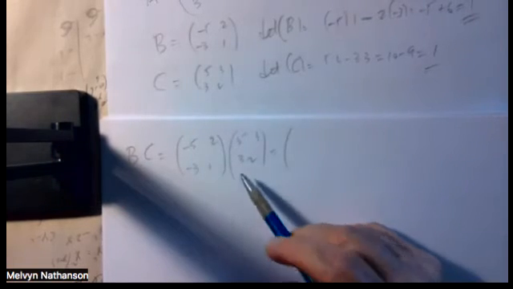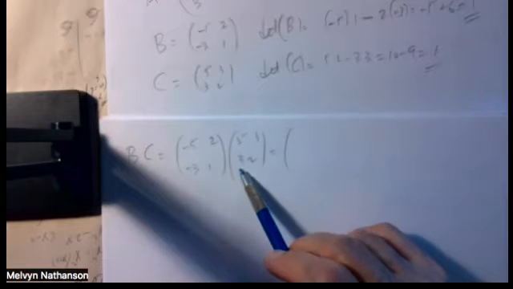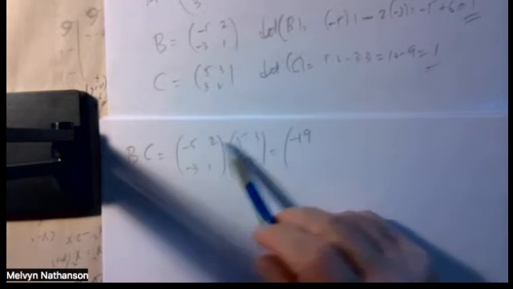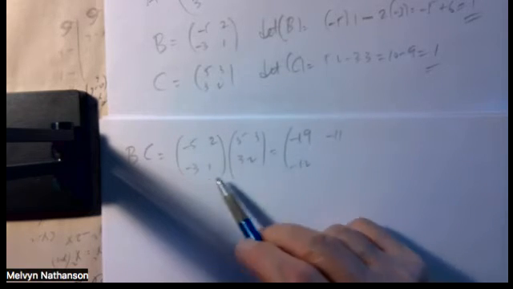When you multiply that, again, row into column, minus 25 plus 6 is minus 19. Minus 15 plus 4 is minus 11. Minus 15 plus 3 is minus 12. Minus 9 plus 2 is minus 7. That seems to be the product.